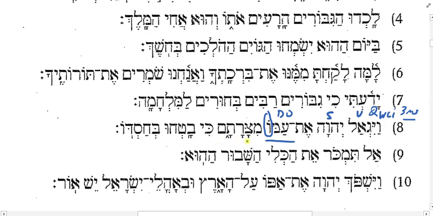Mitzaratham. What's the prefix here? What word is this? So this is the preposition min, where the noon has assimilated. What is the tam at the end here?